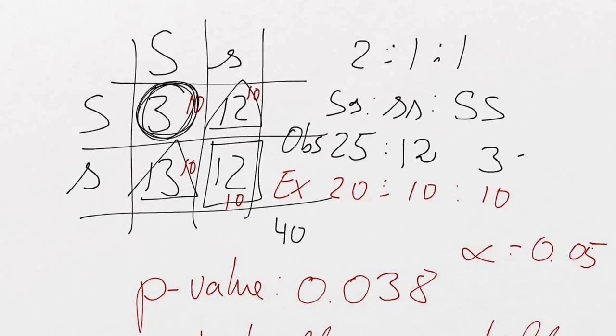Aha. The homozygote recessive is okay, but the homozygote dominant is very low. Yeah? So we've got only 3 here. Any idea why this could be?